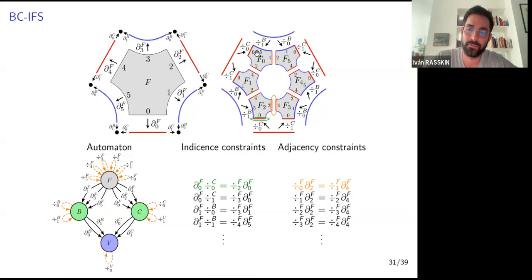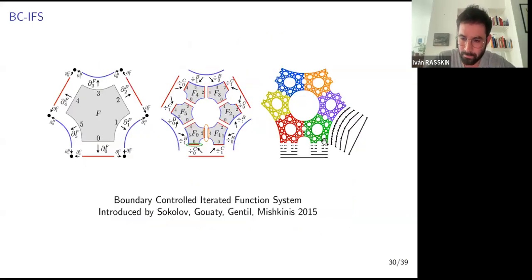We have also subdivision operators that say how one cell is going to be subdivided into different cells. For example, here, this edge is going to be subdivided into two different cells, but we have two different types of edges here. This edge is going to be transformed into a Bézier curve, and this edge is going to be transformed into something that is disconnected. Actually, it's a counter curve. This is what we saw before. So this edge is going to be a Bézier curve, and this edge is going to be a counter curve.